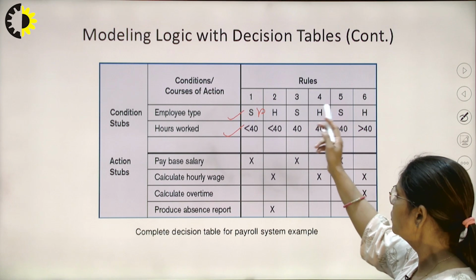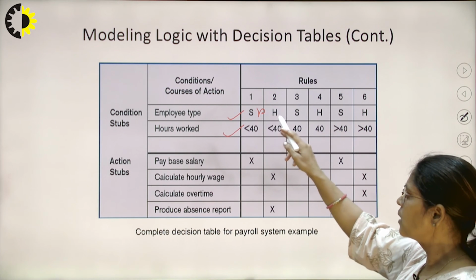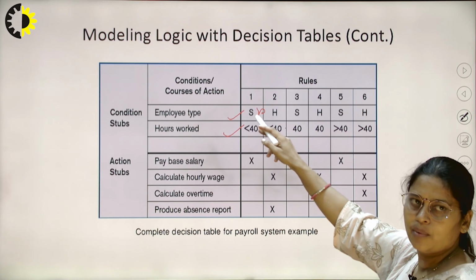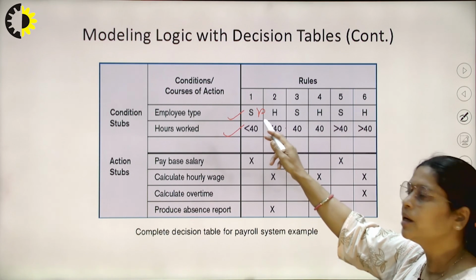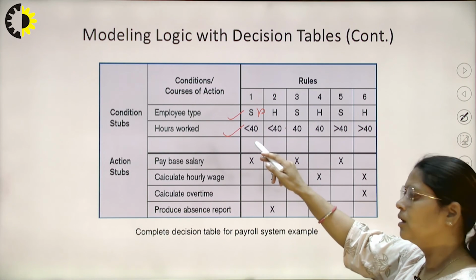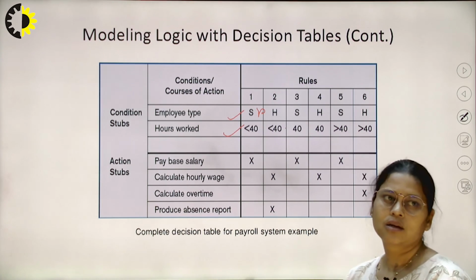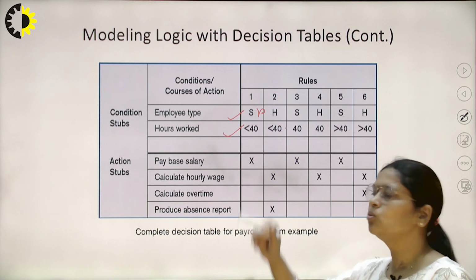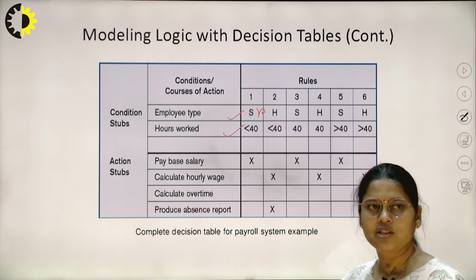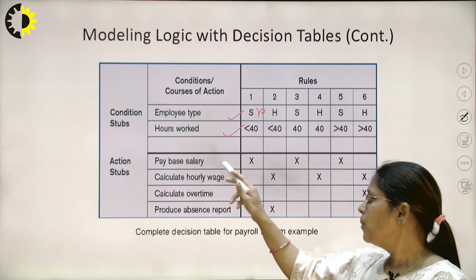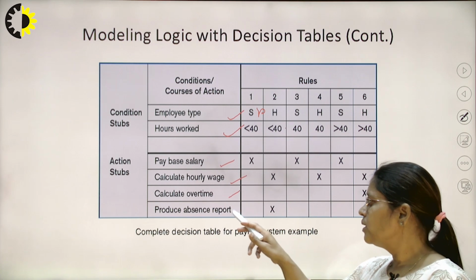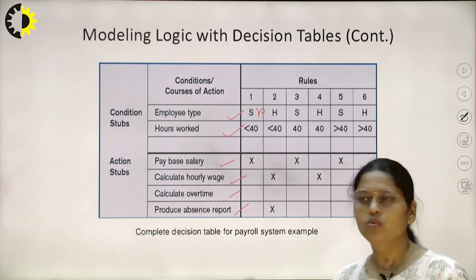And these are the rules. There are rules for permanent and ad hoc employees, and these are the working hours. On the basis of these rules and conditions, we have to take some decision: pay base salary, calculate hourly wages, calculate overtime and produce absence report.